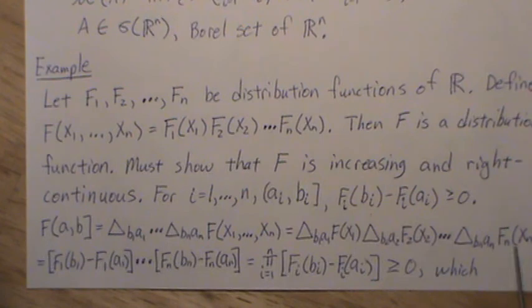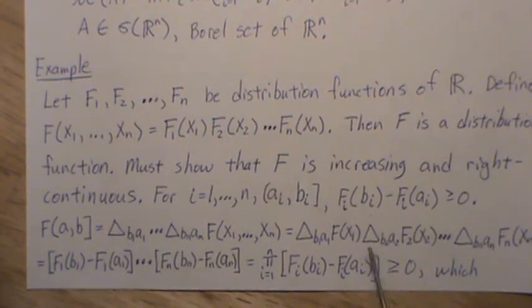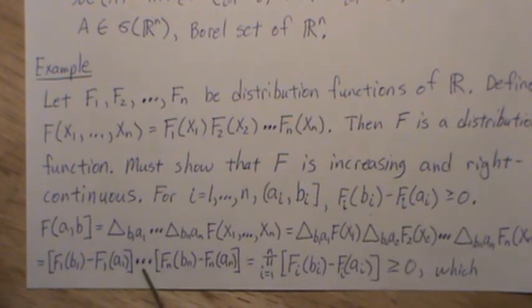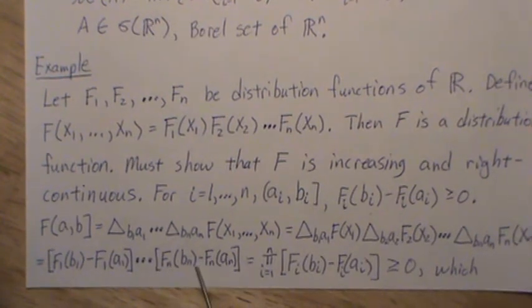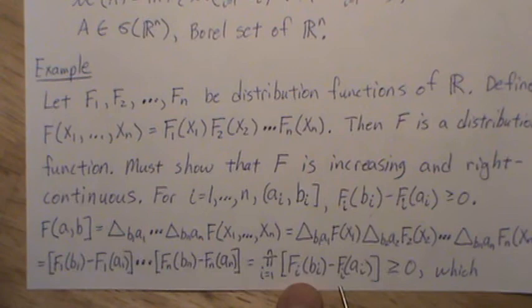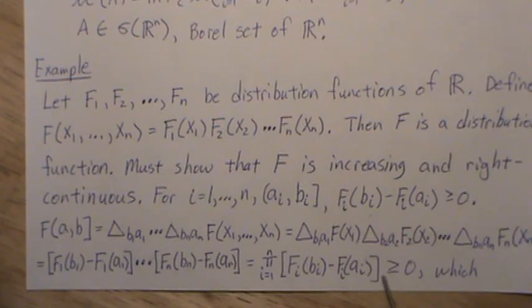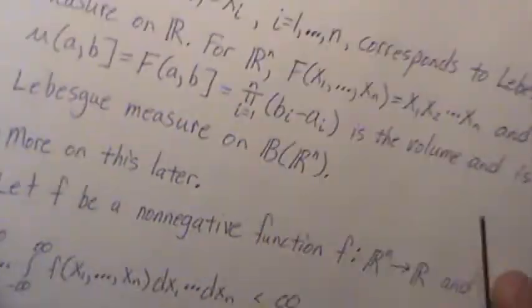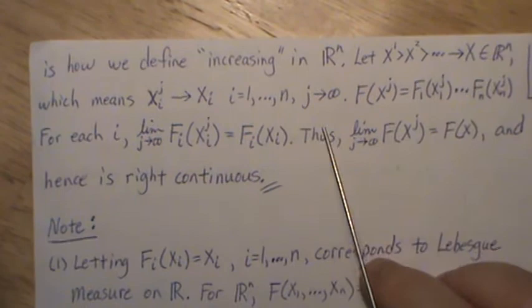But each one of these is a univariate distribution function, and so it's really just the difference of those distribution functions. So it's really the product of these. But each one of these is non-negative because it's a distribution function. And so the product of these non-negative values is non-negative, which is how we defined an increasing function in Rn space.